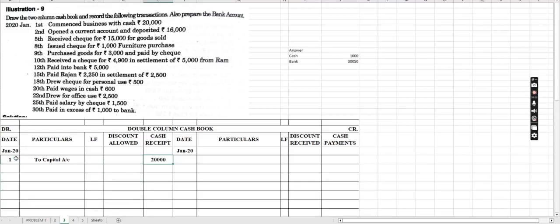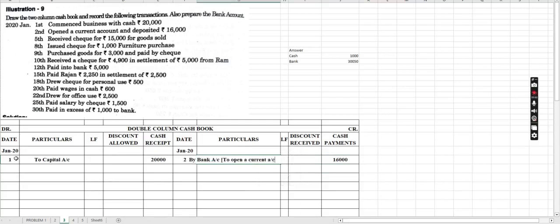So here, that means cash is deposited into bank. On second, cash is going. How much? 16,000 rupees is going. For what purpose? By bank account, in bracket, to open a current account in a bank.